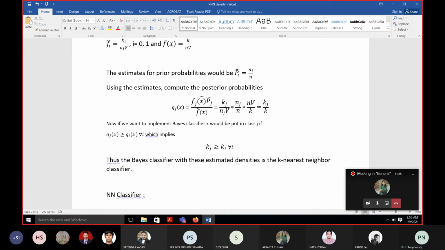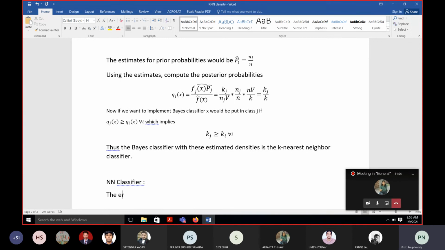Now please remember, if you consider the nearest neighbor asymptotically, it means that in the nearest neighbor classifier, the error rate will never be more than twice of the Bayes error rate.